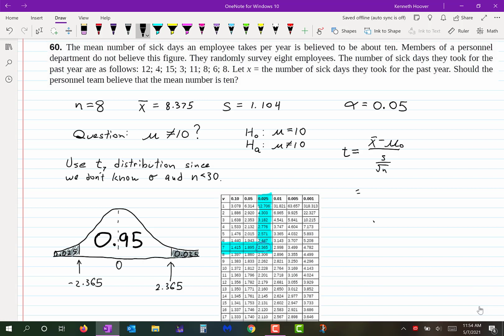So that's going to be 8.375, we calculated for x bar, minus the value we are judging that against, which is 10, divided by our sample standard deviation, which we calculated as 4.104, over the square root of our sample size, which was 8. And we put that into a calculator, and here's what it comes out to be, negative 1.120. So where would that be? That would be somewhere in here. That's our t-score.